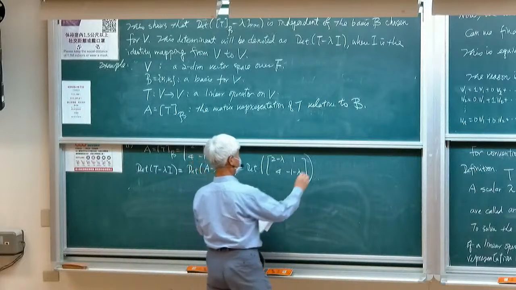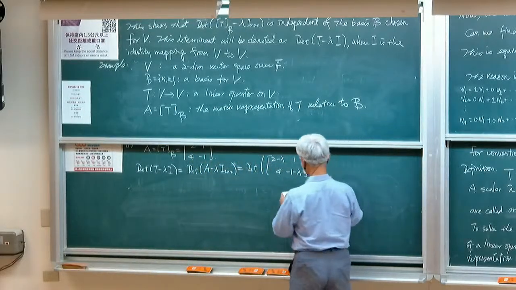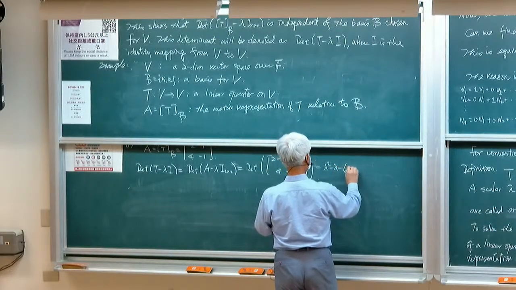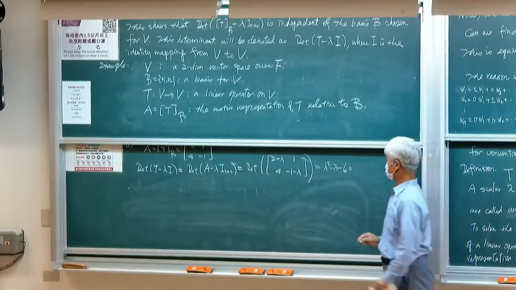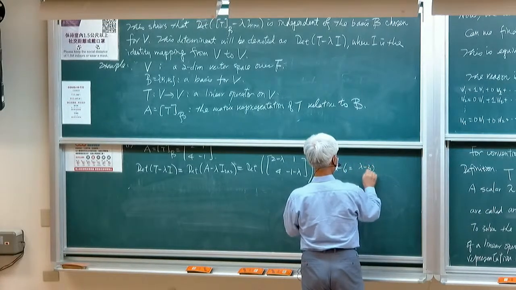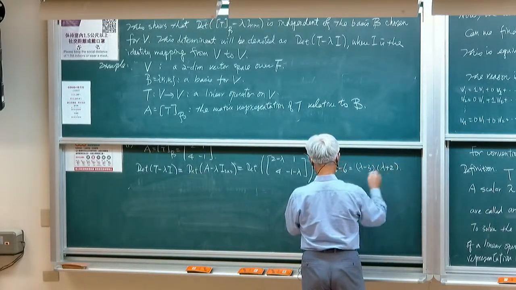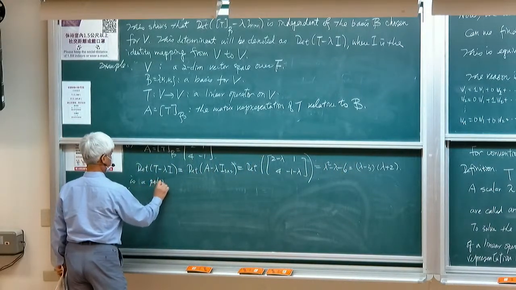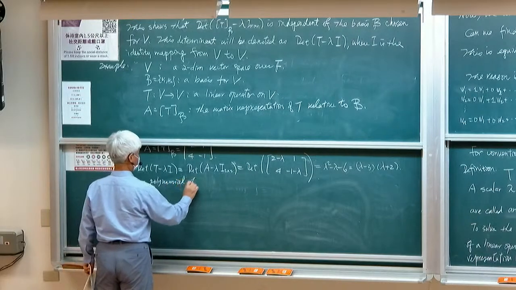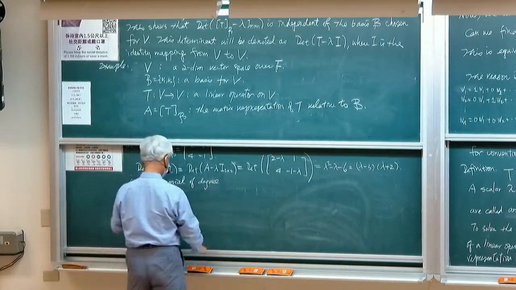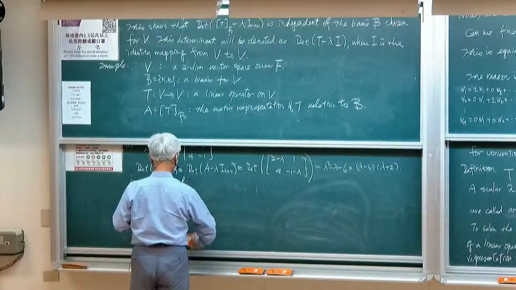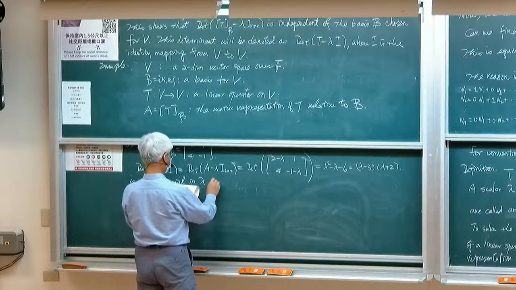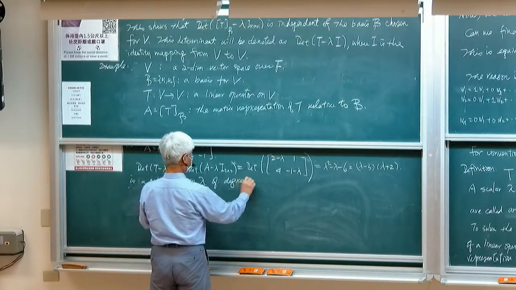Okay, and it's easy, right? So this is lambda squared minus lambda minus 6, and by factorization, this is lambda minus 3 times lambda plus 2. Okay? Alright, so this determinant is a polynomial in the unknown lambda of degree 2.